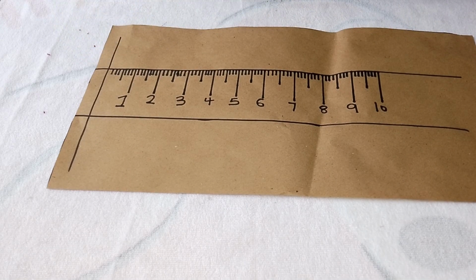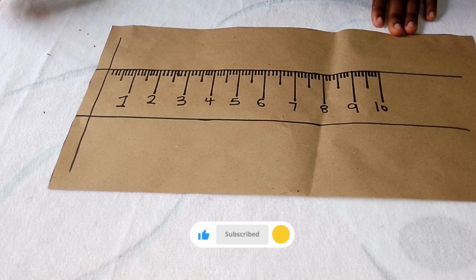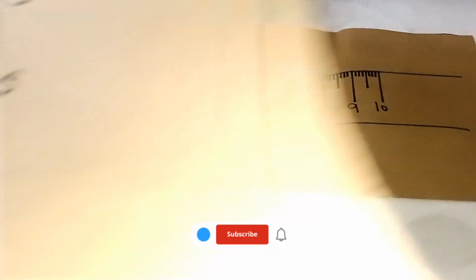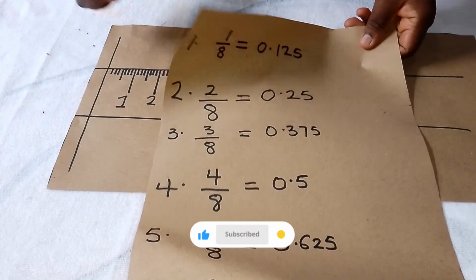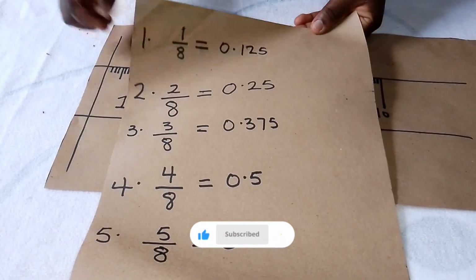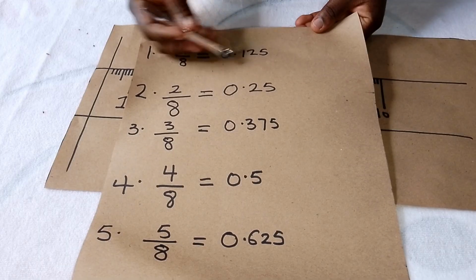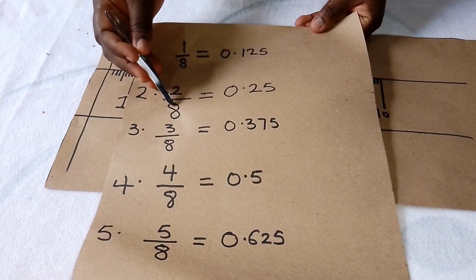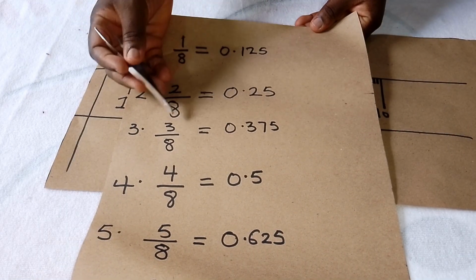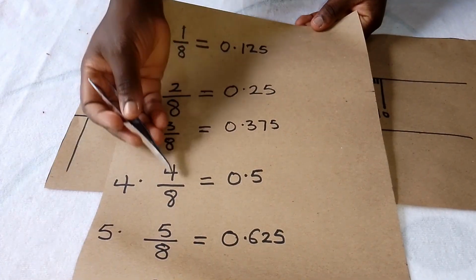Now, let me explain in detail what these markings mean. This is 1/8. When you divide 1 by 8, 1/8 gives us 0.125. 2/8 is 0.25. 3/8 is 0.375, and so on and so forth.